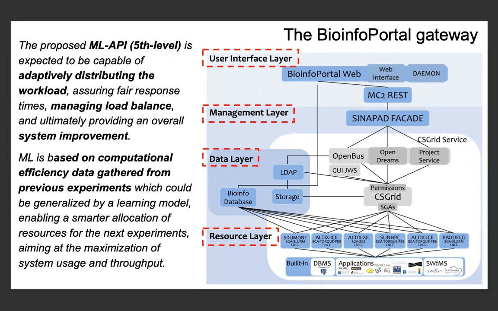The second one is the management layer, represented by the CSGrid middleware, that does the management between all the resources in the BioInfo portal gateway. The third is the data layer, composed of different types of databases that store different types of information about the experiment, the genomics data, or the bioinformatic applications.